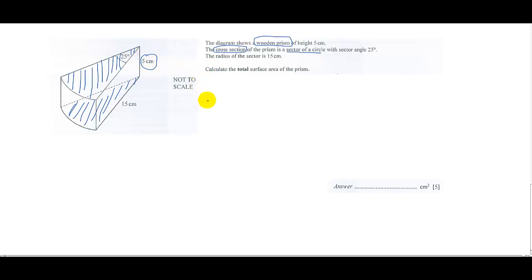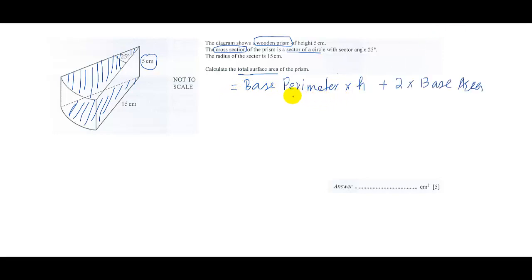Okay students, now we have to find the total surface area of this prism. The total surface area formula is base perimeter into height plus 2 times base area. So let me draw this base, that is the cross section, separately.